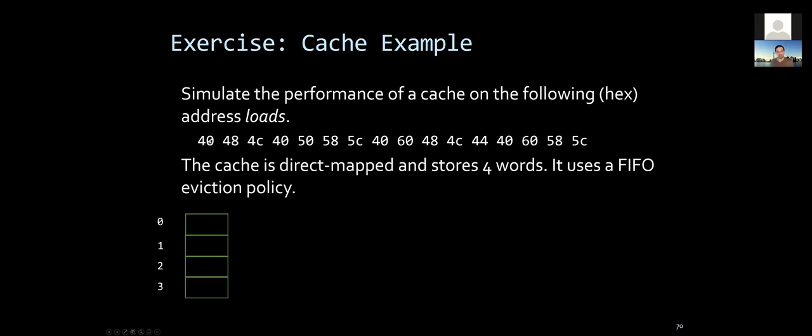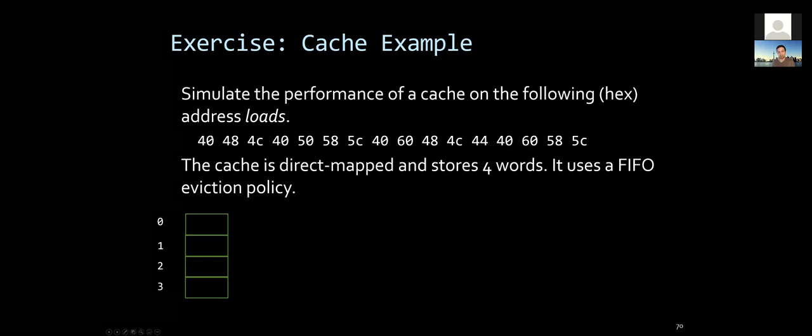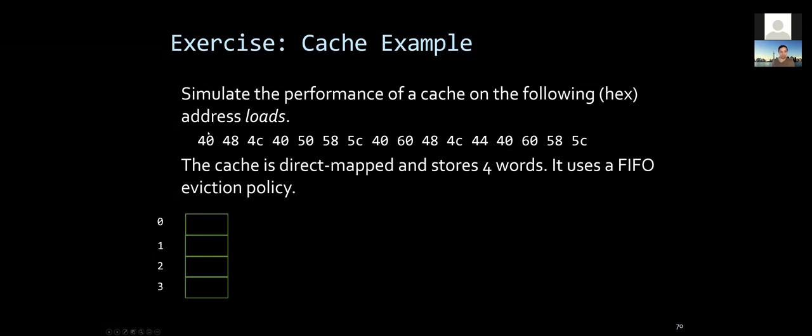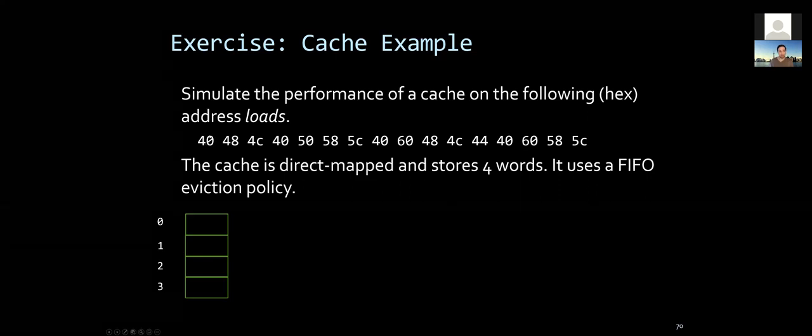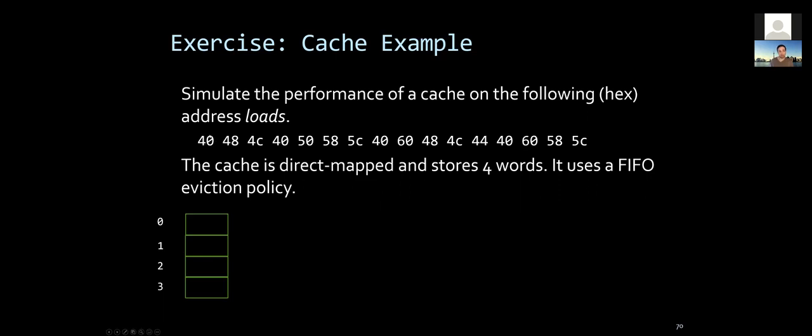So the first thing to remember is that when we get the address, the last few bits of the address define the offset of the data in the cache. The other bits are used for the tag. So what happens here when we have an address 40? We look at the last few bits. We had 4 blocks, so the last 2 bits tell me the offset within a block, 4 bytes.